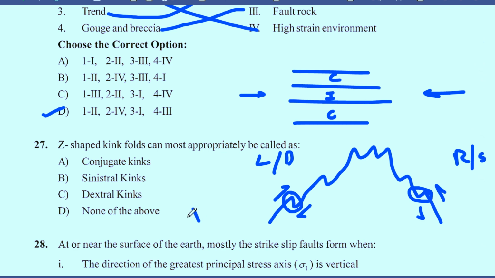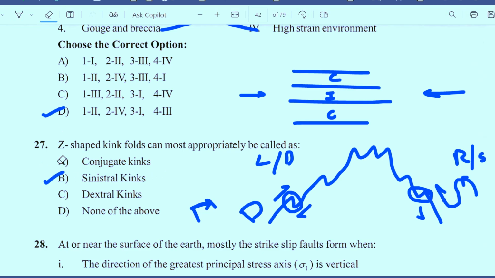D will start like this, the arrow will start like this. So our right answer is this one, the dextral one.